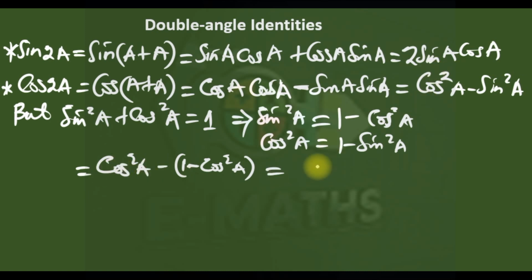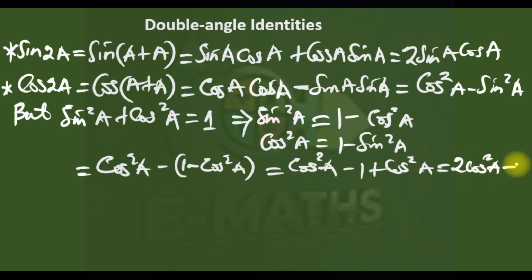So opening this, we have cos squared a minus 1 plus cos squared a. So cos squared a plus cos squared a is 2 cos squared a minus 1. So this is our second formula.